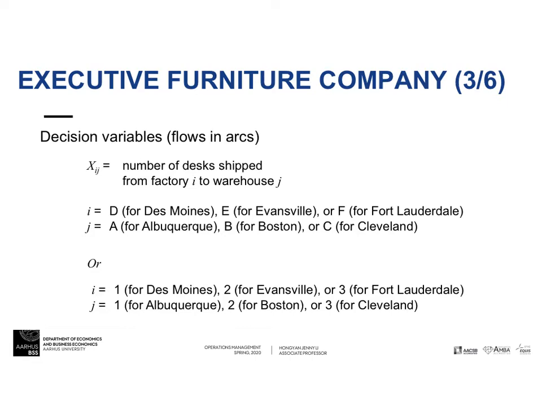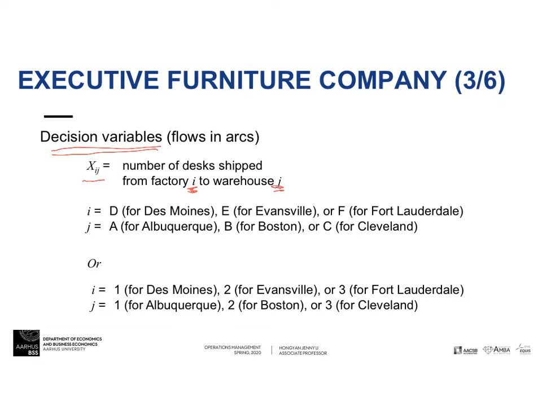So we define the decision variables here. The simplest way to define is just to define Xij as the number of furniture units shipped from factory i to warehouse j, where i is the index for the factories and j is the index for the warehouses.